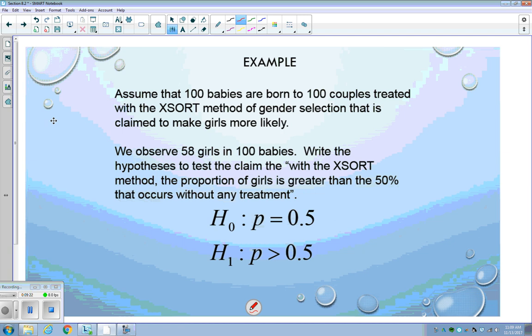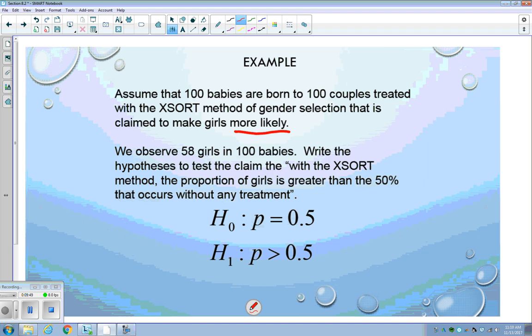Right there you should think, my null hypothesis has to be an equal, doesn't it? My alternative hypothesis is going to use greater than, less than, or not equal to, correct? If it's more than, what do you think I'm going to use? Greater than, because it says more likely. That's my clue that my alternative hypothesis is going to be greater than.